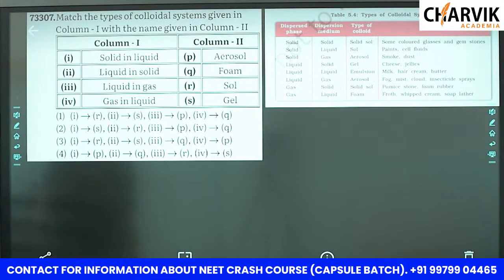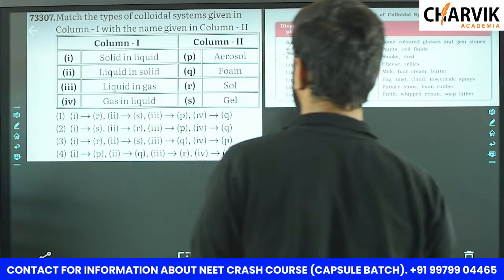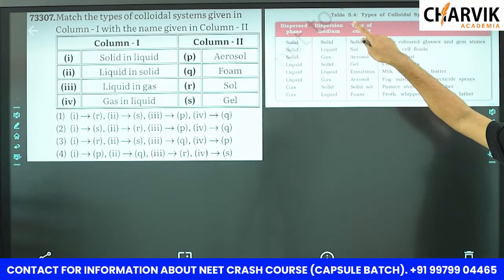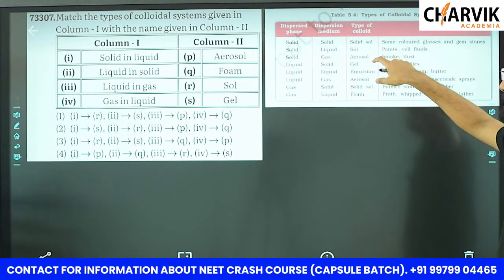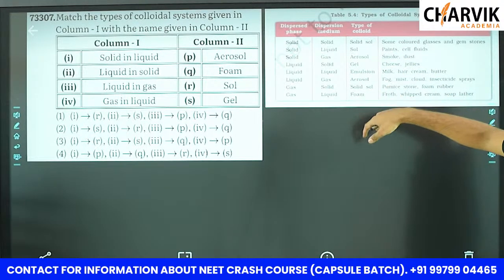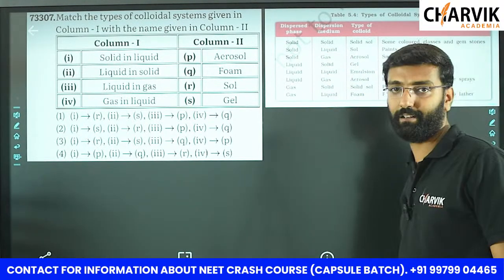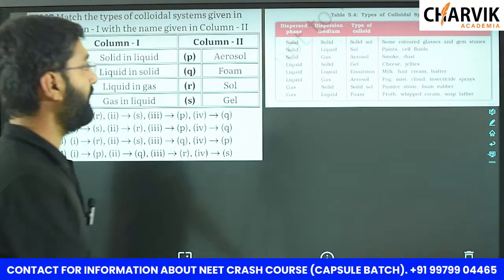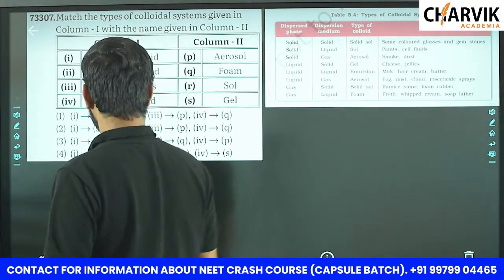A simple question from NCERT. Match the type of colloidal system given in column 1 with the name given in column 2. Chapter number 5, surface chemistry. A direct question from NCERT, right? Here you have a total of 8 types of colloidal solutions and their examples.